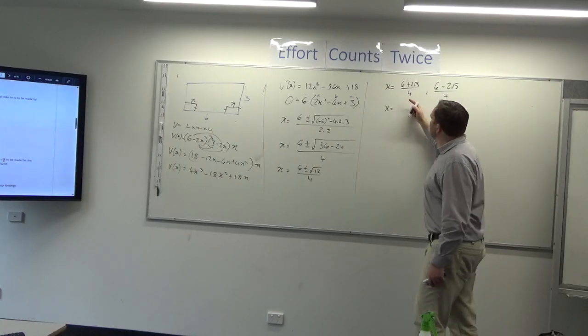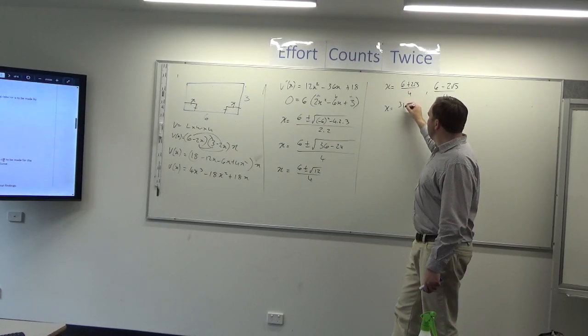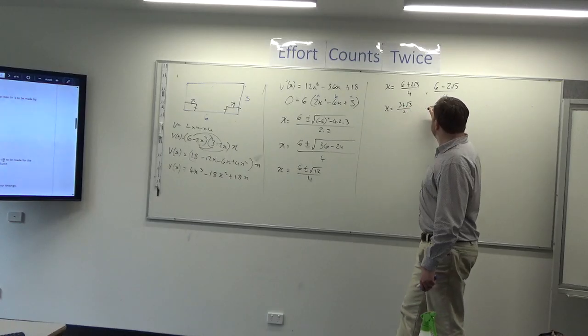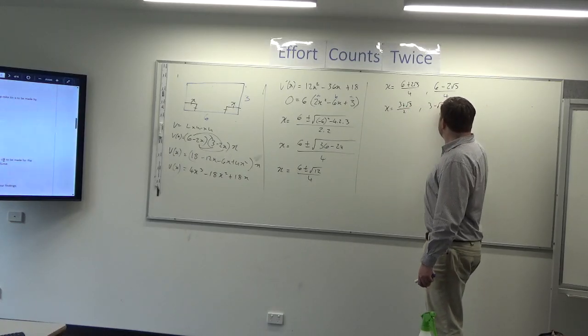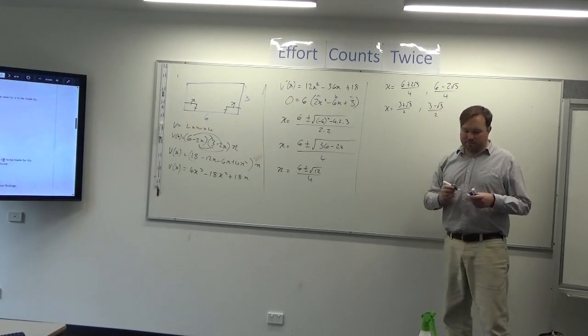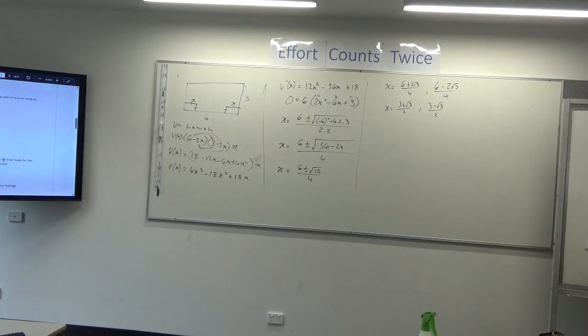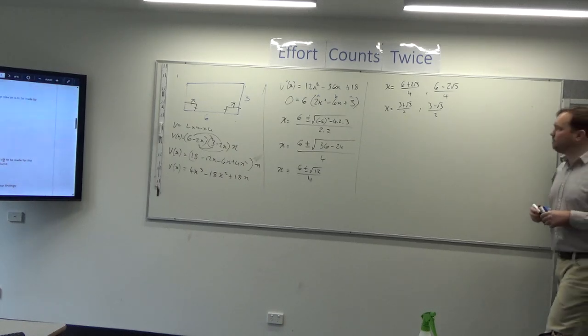X equals, and you cancel a 2 out of everything, 3 plus root 3 on 2, and 3 take root 3 on 2. It's not as nice as the first half, but that is okay. Those are our solutions.